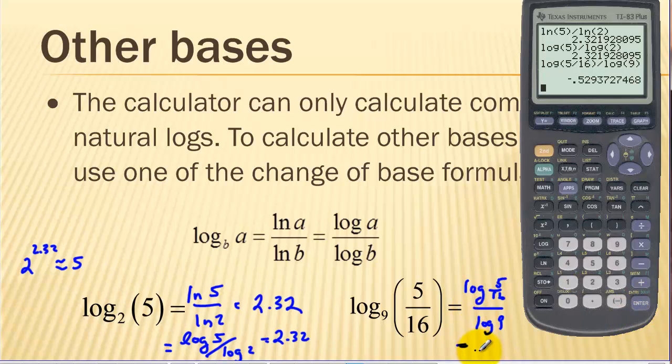So here we get negative 0.529. One of the things you will understand as we work with logs for a while: if you take the log of a number that's smaller than the base, you're going to get a negative number. And when we take logs of numbers bigger than the base, we are going to get positive numbers.